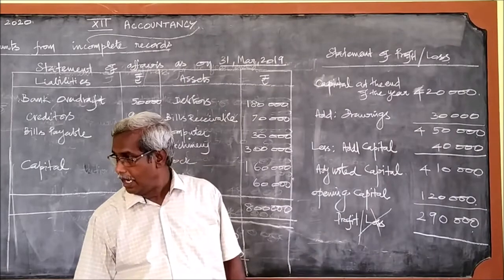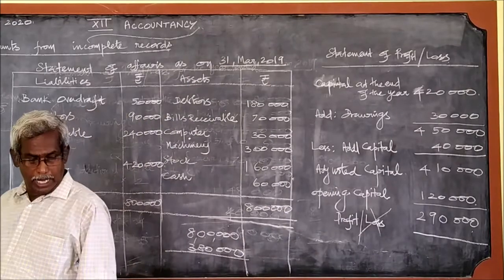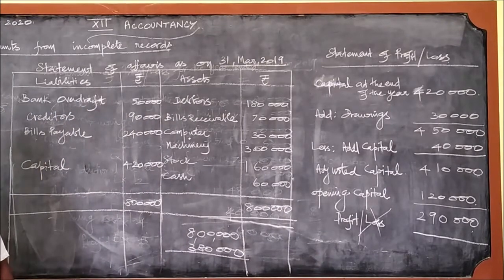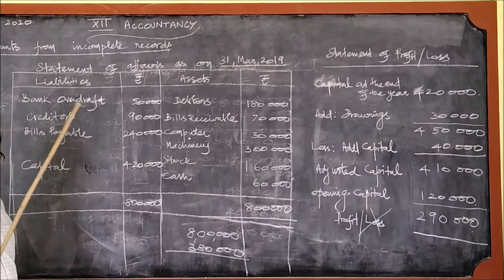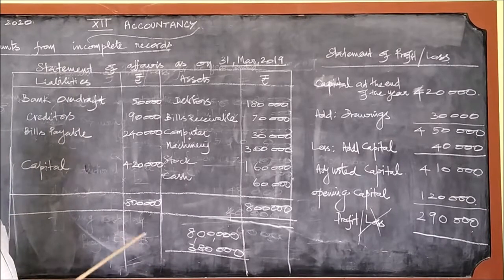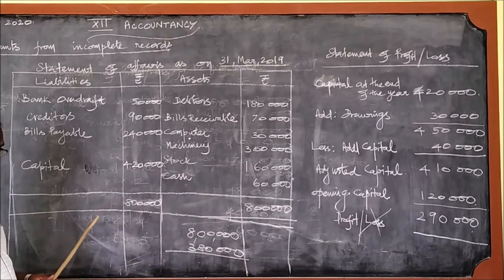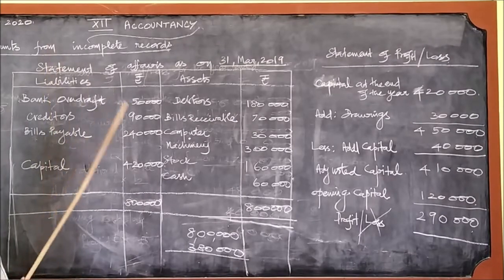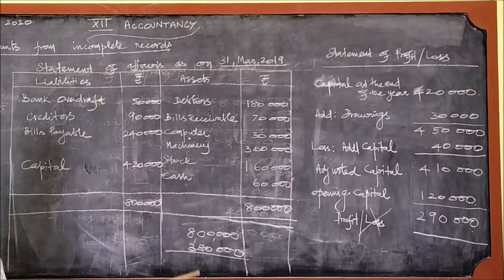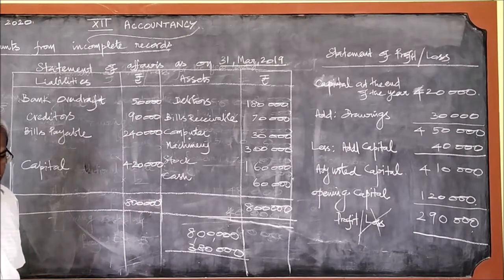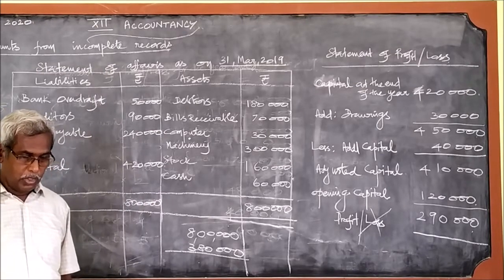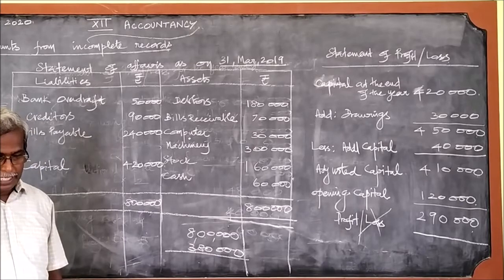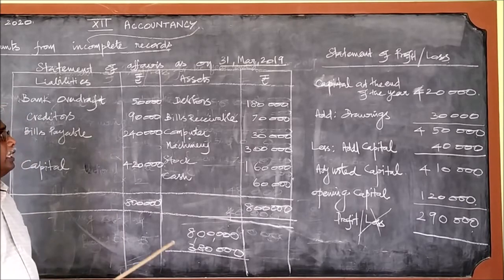Once again, I shall repeat it. Under problem number 7, we are supposed to calculate the profit or loss. That is the question. So, what are the items given at the top? On 1st April 2018, Subha started her business with a capital of rupees 1,20,000.